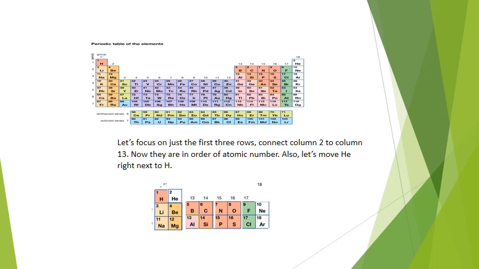And then we're going to squish row 2 up with row 13, so that the numbers go 3, 4, 5, 6, 7, 8, and so forth. And when you do that, you end up getting this arrangement. Okay, so we got a tiny little periodic table that only looks at the first 18 elements.